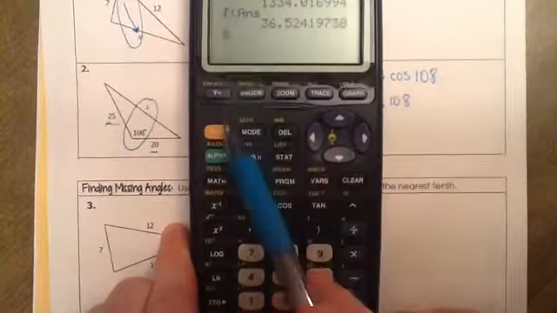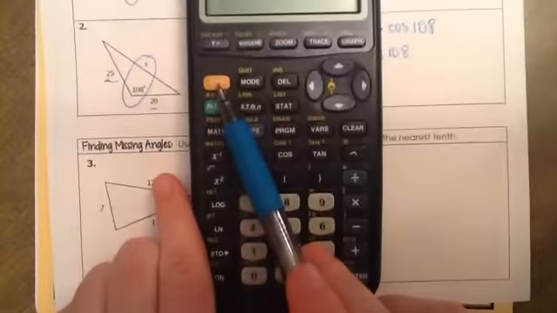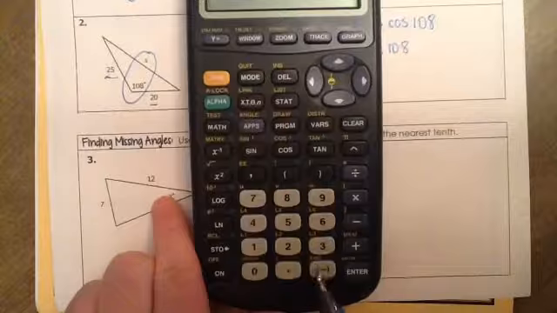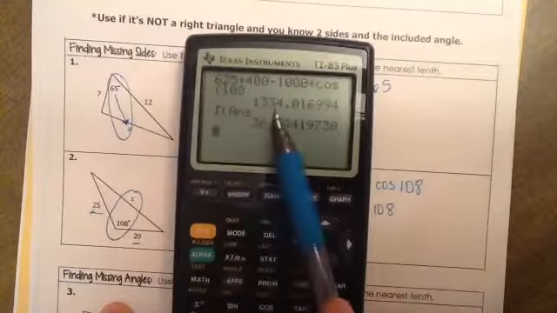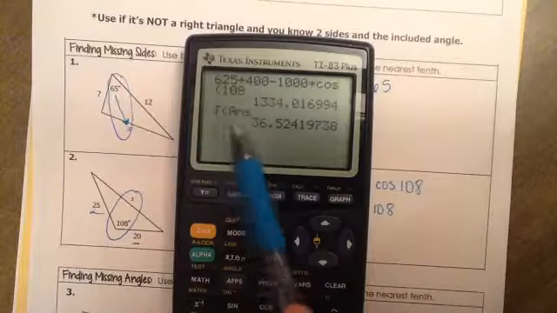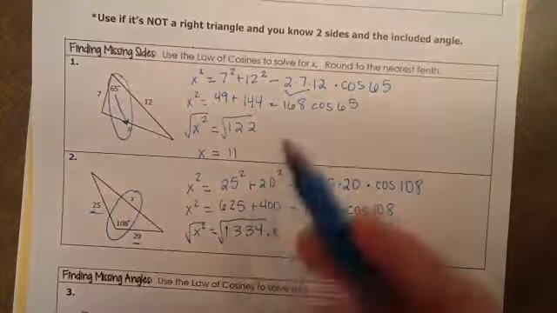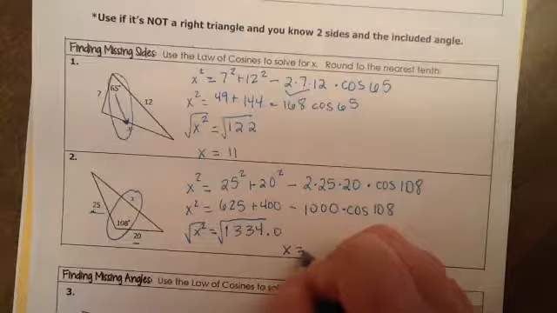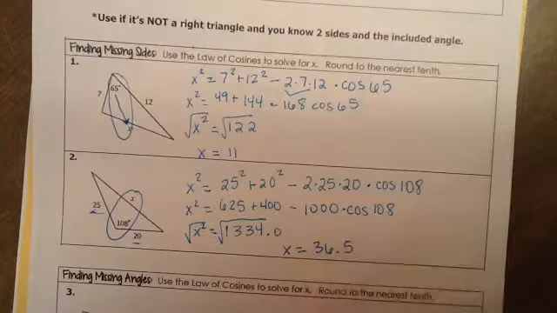So if I just hit second, it'll bring up the square root sign. And again, hit second. The minus sign has the answer right above, so that means whatever was in the calculator will get plugged in next. So the square root of this whole thing. And that gives us 36.5. Nice job.